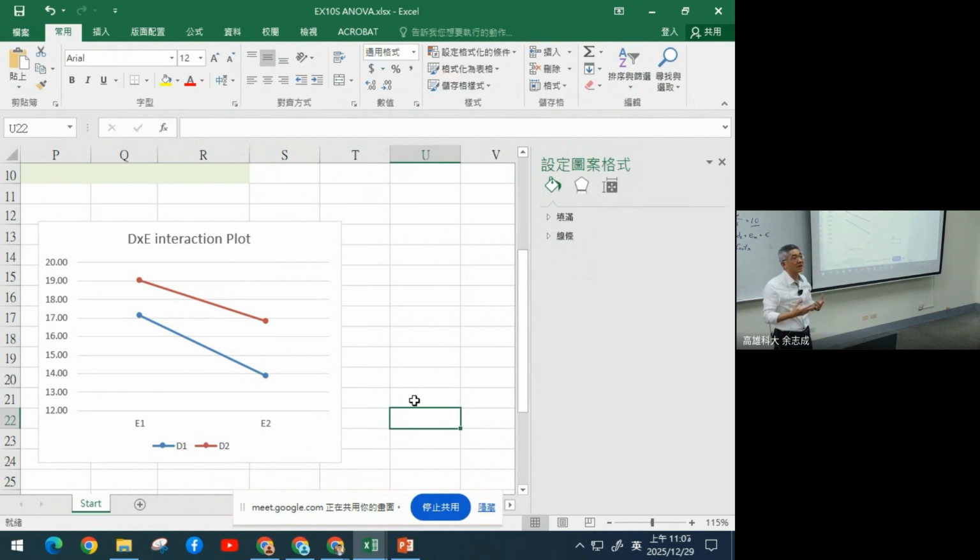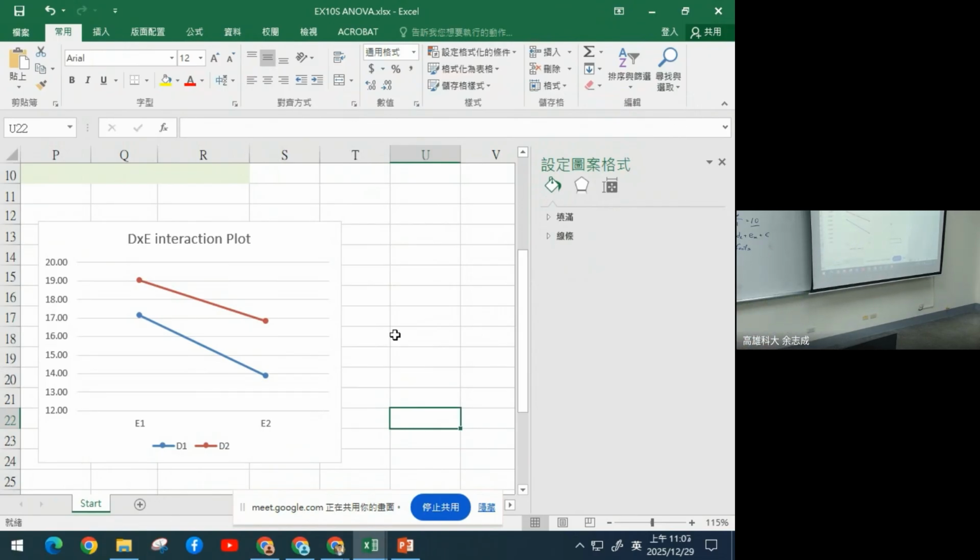But this is qualitative, very 定性上的判断. They are not parallel, but only a little bit interactions. That is the reason why we need to use ANOVA. ANOVA can give you a number to determine whether this interaction is significant or not, or important or not.